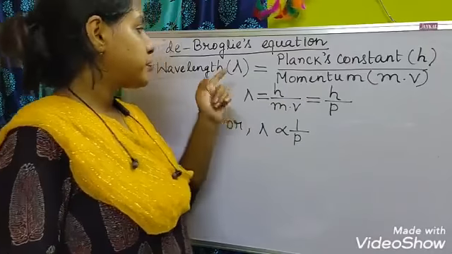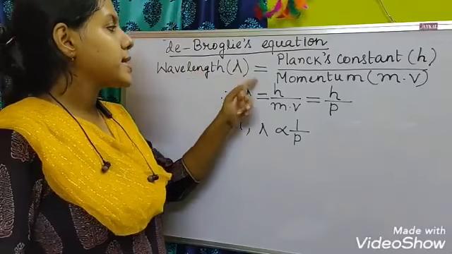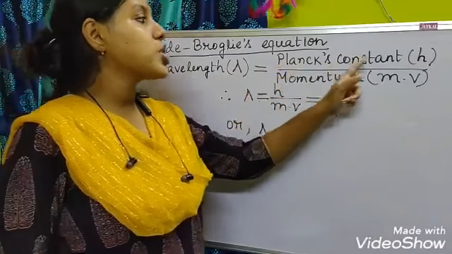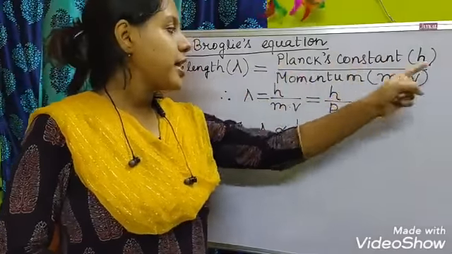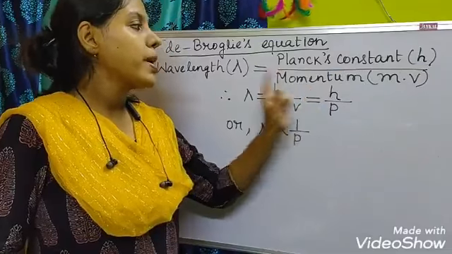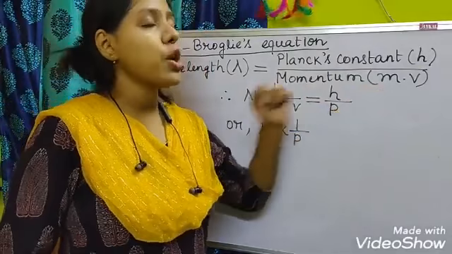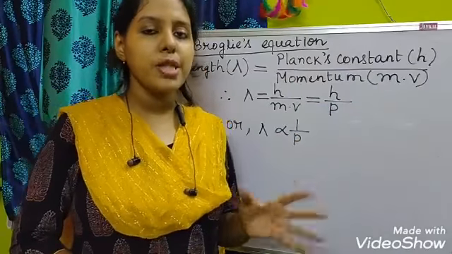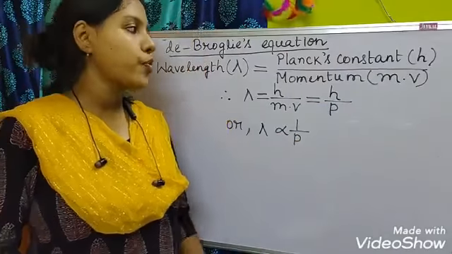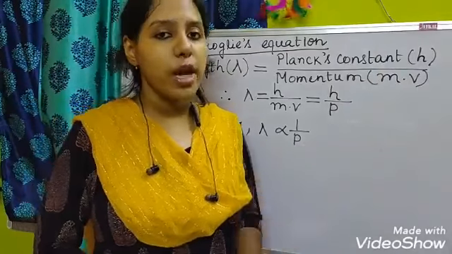So the relation that de Broglie derived is wavelength lambda equals Planck's constant h divided by momentum. Momentum means mass into velocity, the mass of the energy particle, that is the photon, and v is its velocity.